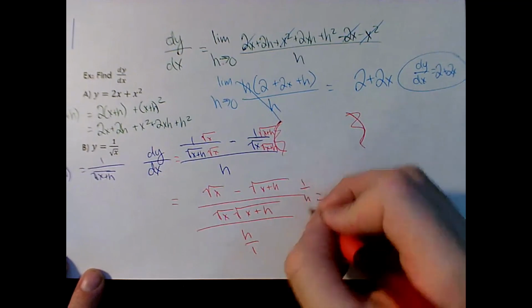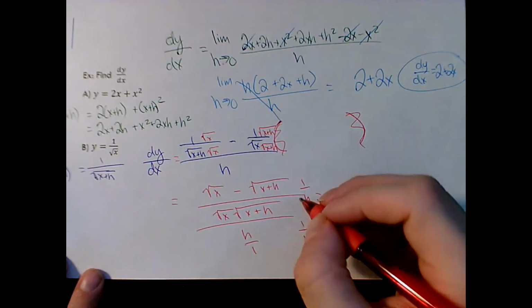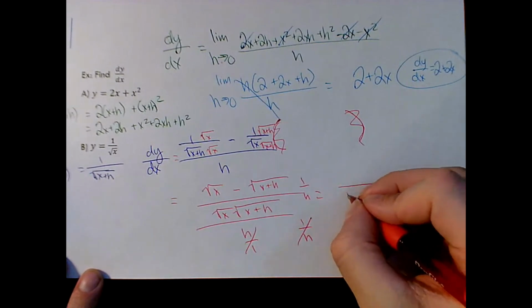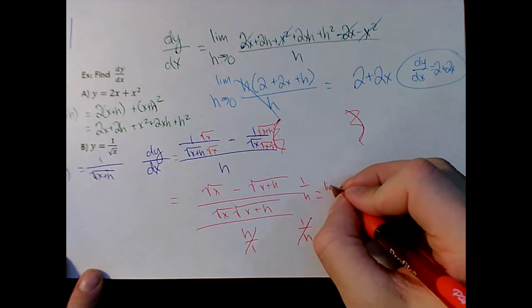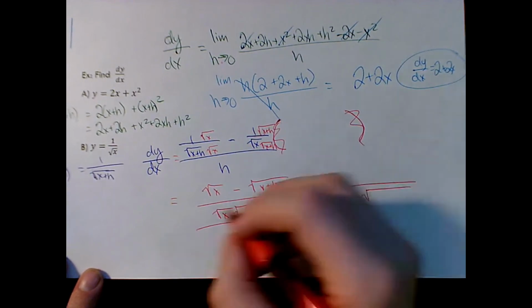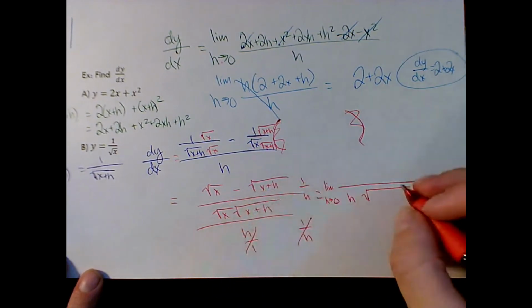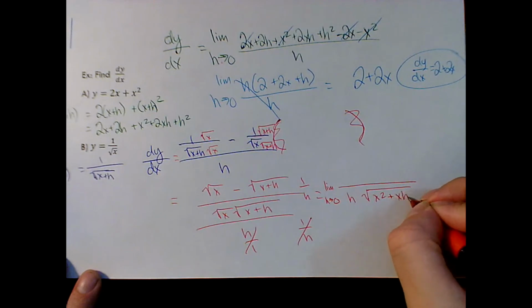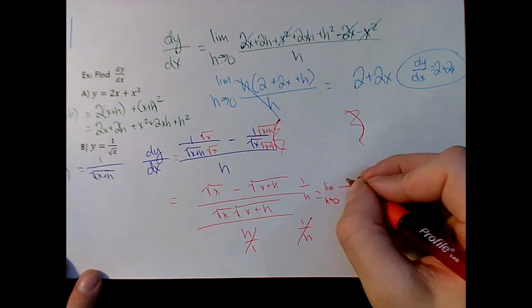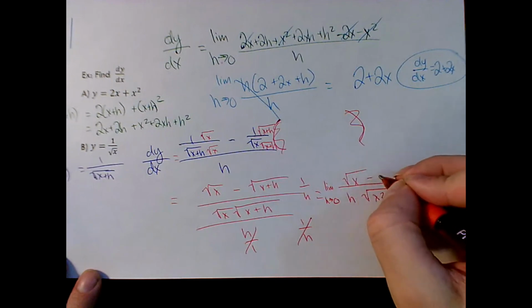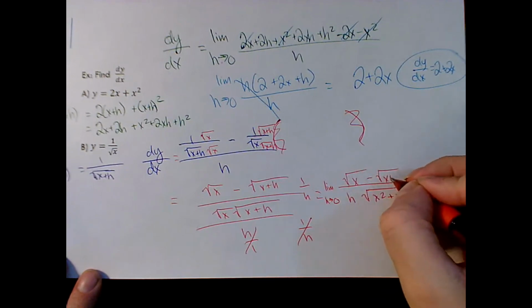Let's multiply that by 1 over h. So I have h on the bottom, the limit as h approaches 0, times, you can multiply 2 roots together and multiply the things on the inside, so that happens. And this gives me x minus x plus h.